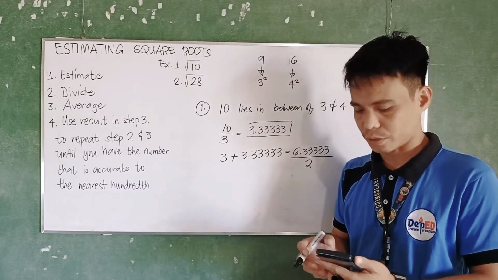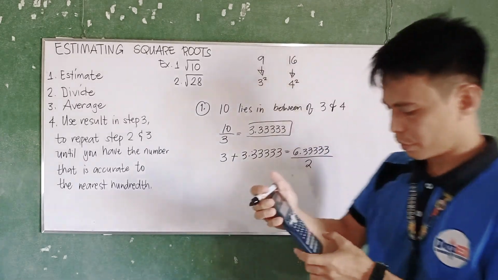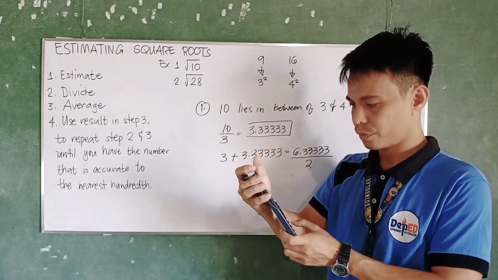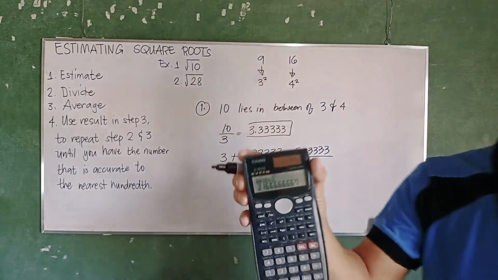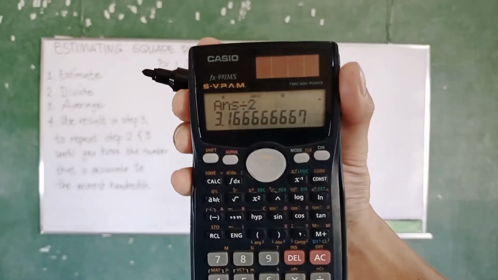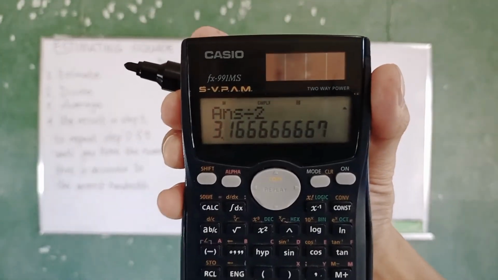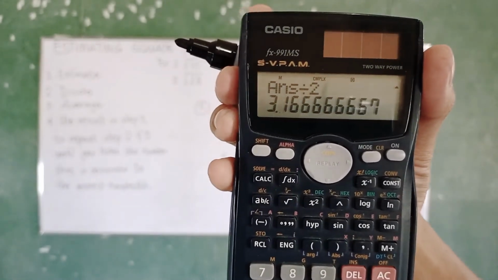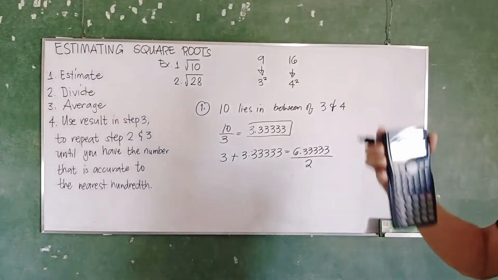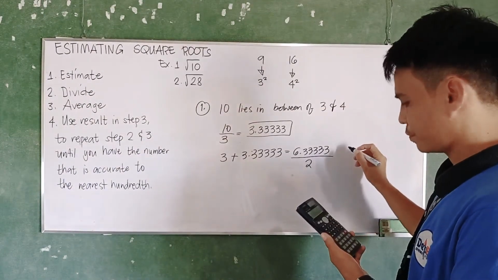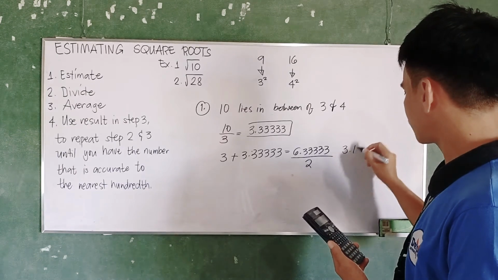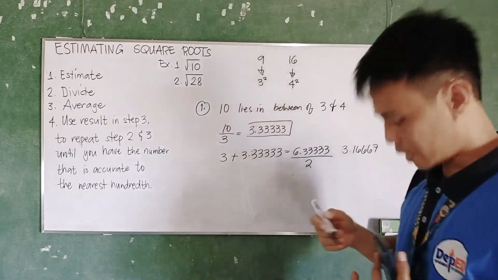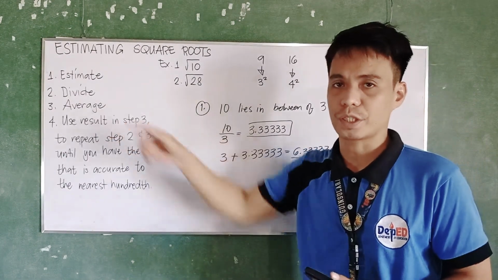Using your calculator, guys, 6.3333 divided by 2, your answer is 3.1666667 and so on. Okay? So therefore, your answer here is 3.16667.